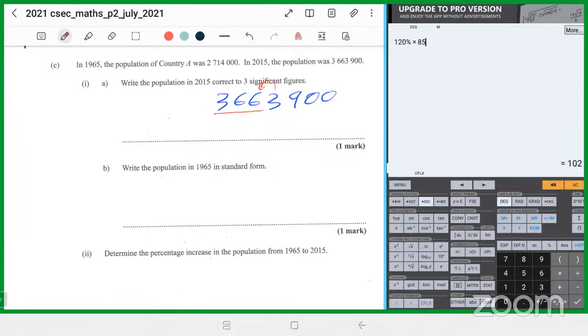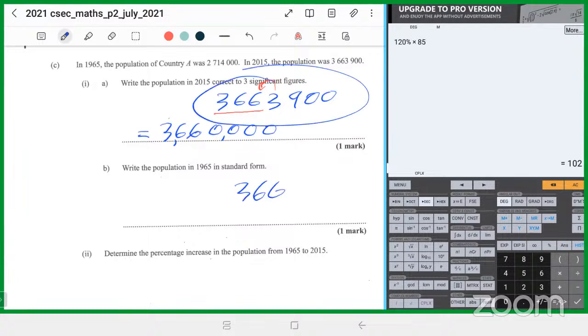So you're starting with the 366, but then all these positions are zeros. So the number was in the 3.6 million range. The answer must still be in that range. That is the answer. You can't write 366. There's no way you can replace 3 point something million and put it as 366. It can't make no sense. It must make sense.